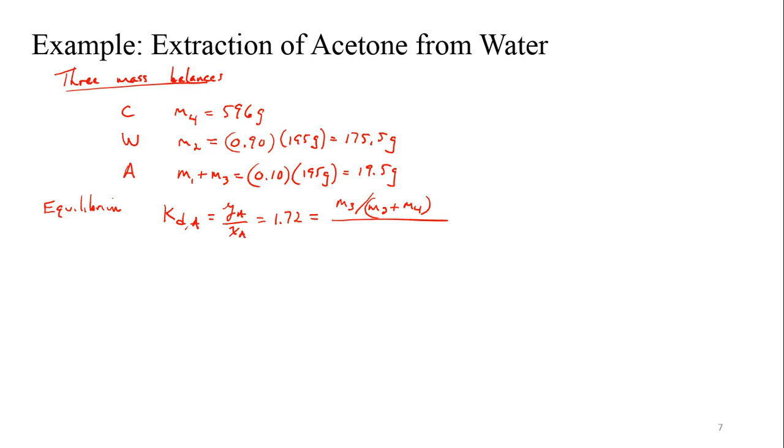And then the X value is going to be the fraction that's in the raffinate with the water in this case, so it's going to be M1 divided by M1 plus M2. Okay. So at this point now we have two equations, two unknowns. Pretty straightforward to solve for this.